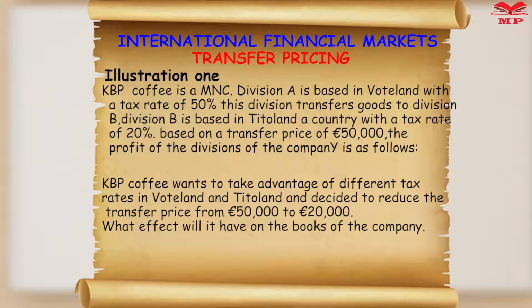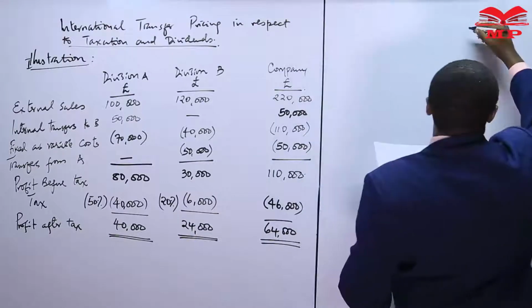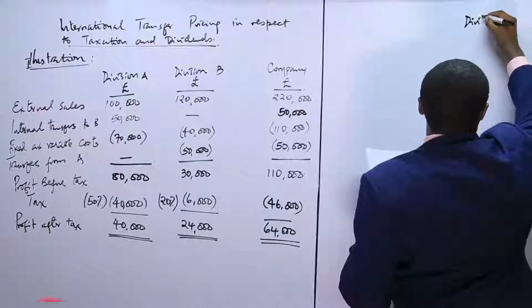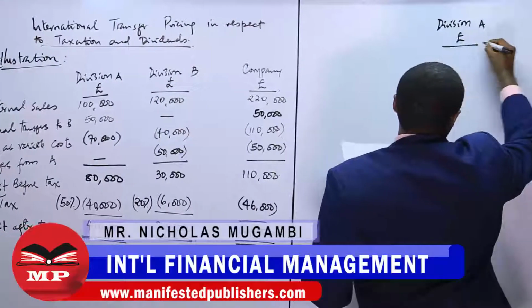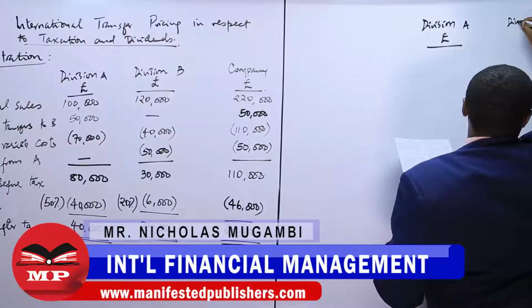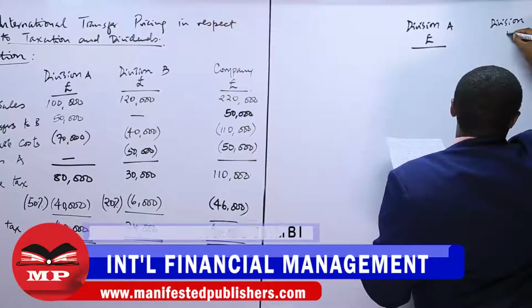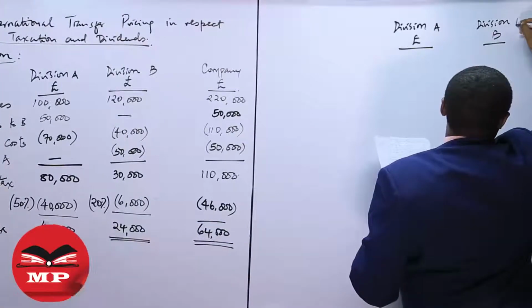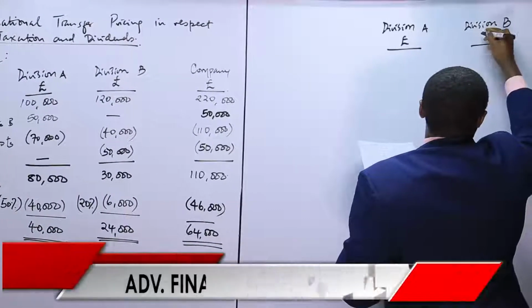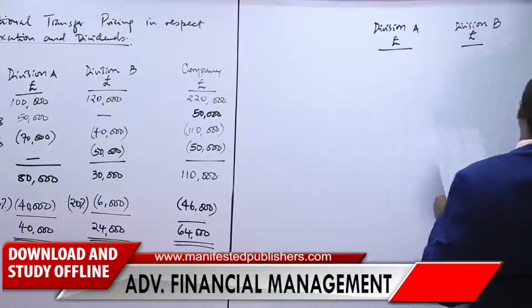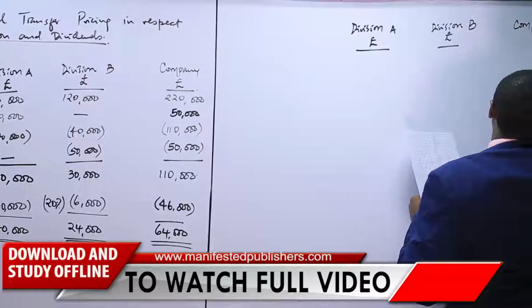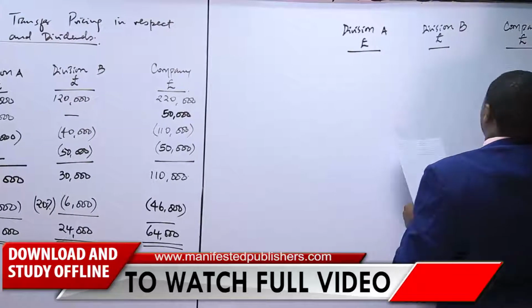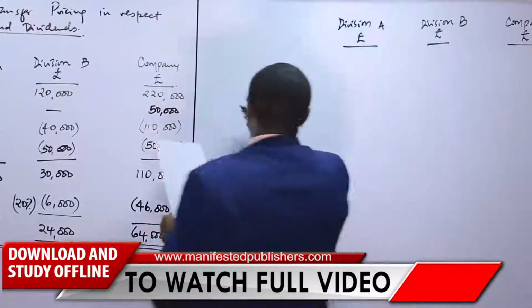So we do the same exercise here again and say division A, and the figures are in pounds, division B, and the figures are in pounds, and then the company's position, the figures are in pounds. So external sales remain the same.